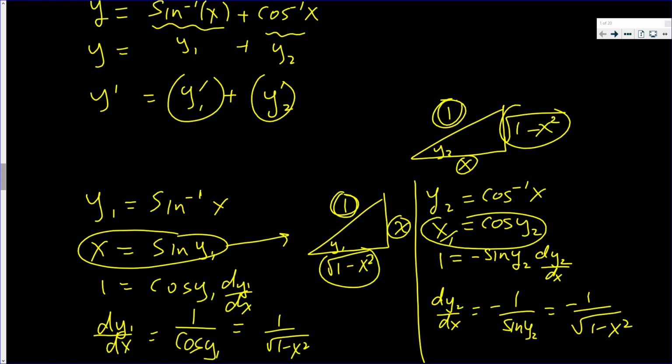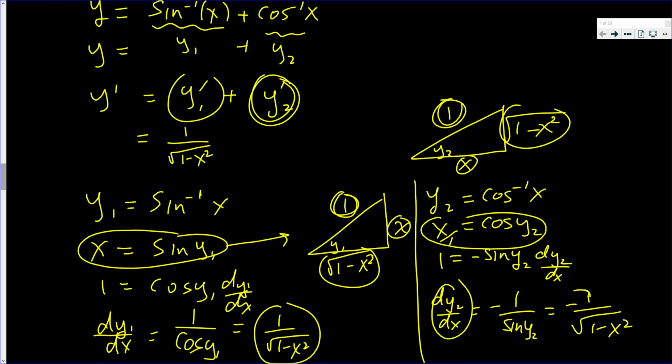Okay. So let us see what we got. y1 prime was this, 1 over the square root of 1 minus x squared, plus y2 prime. The derivative of y sub 2 is that. Well, adding a negative is the same as just subtracting.